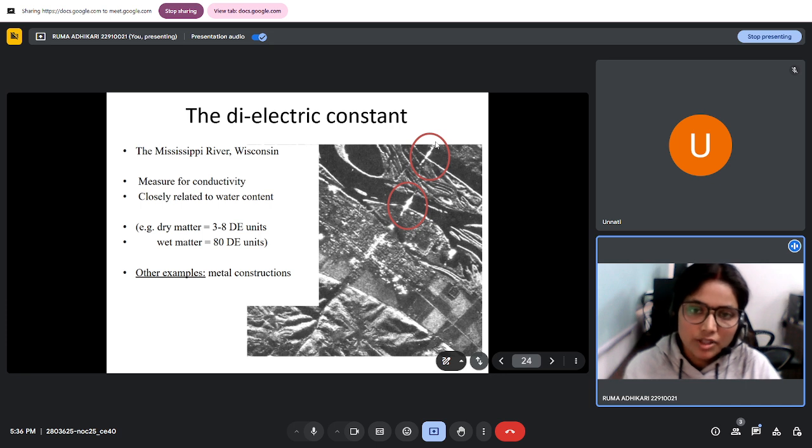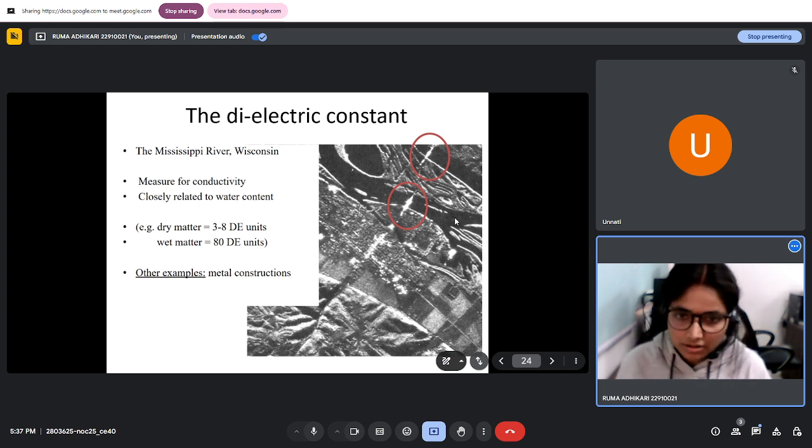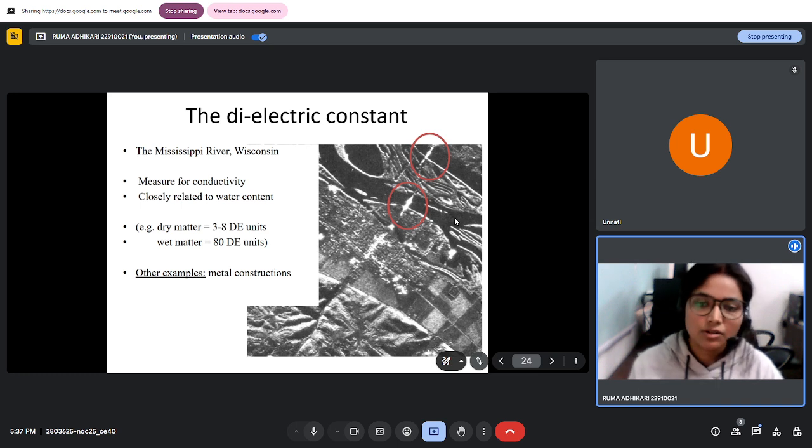So metal appears bright because of that. So why does water appear dark in every SAR image? Before, we have seen three different bands, where in every band so many things were changing, but water was not changing. In a SAR image, water should appear bright, or at least a little bright, but everywhere it appears dark.